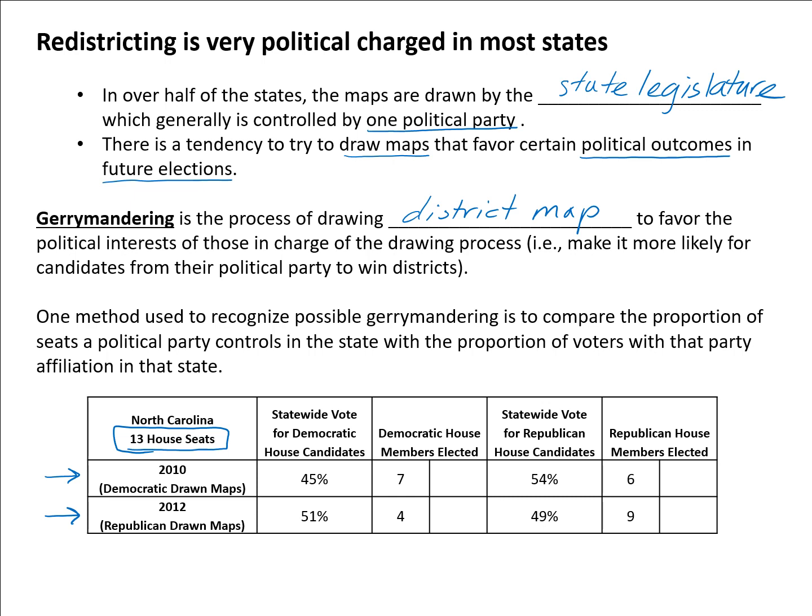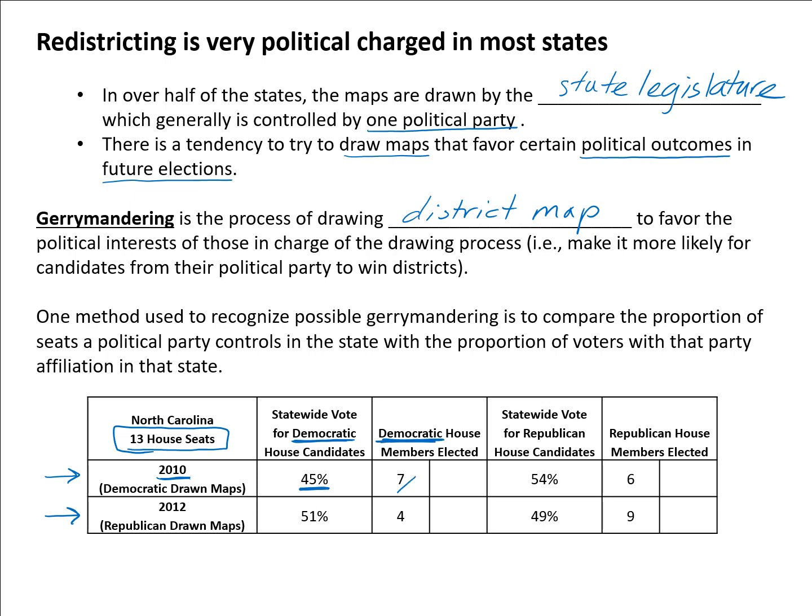In the election in 2010, they were using maps that had been drawn by a Democratic state legislature about 9 years prior. In that 2010 election, 45% of the people who voted for House candidates voted for the Democratic candidate, and 7 of the 13 House seats were elected to Democratic candidates.